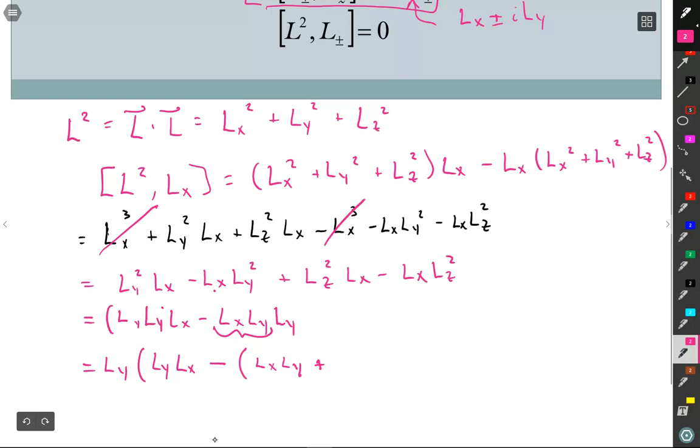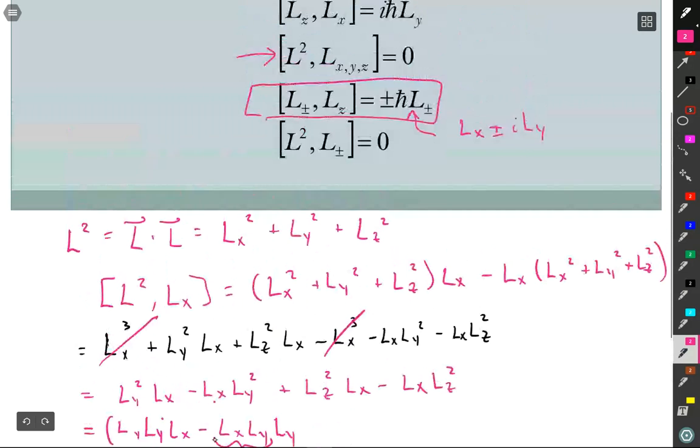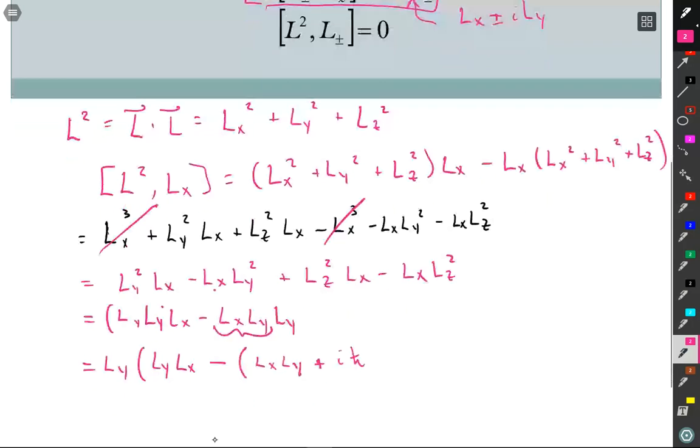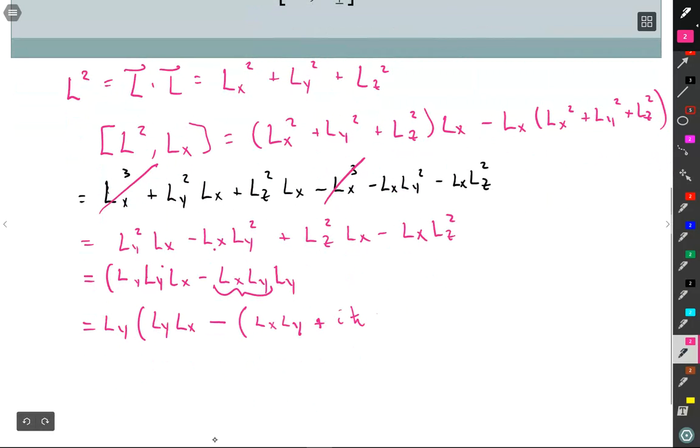I don't remember if it's plus or minus at this point. It's either plus or minus. Lx, Ly was i H bar Lz, right? You can factor it like that. And then you have a commutator here. And you do the same for the second part. We're totally out of time, so I can't finish it here.